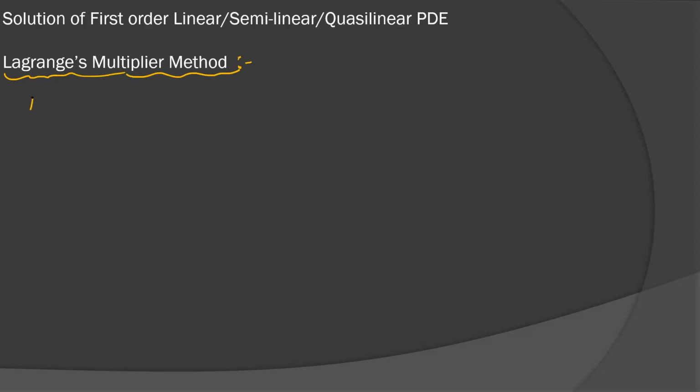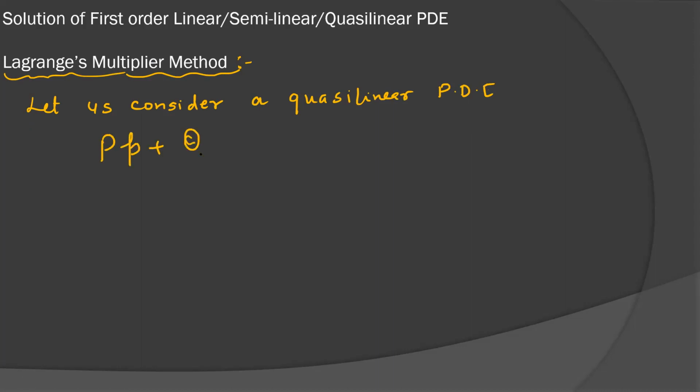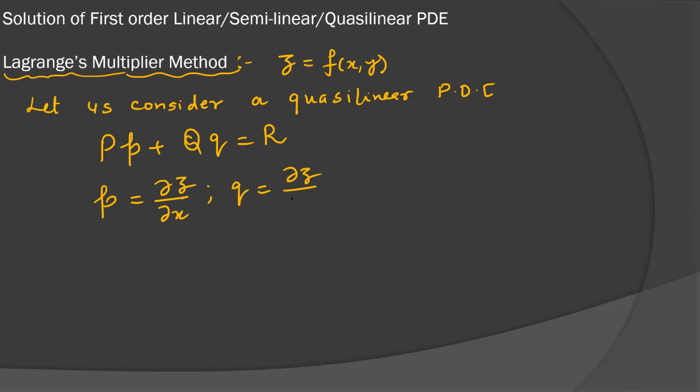So let us consider a PDE, a quasi-linear PDE, of the form P small p plus Q small q equals capital R. Where small p, I told you, if we take two variables and z is a function of x and y, then small p is del z over del x and small q is del z over del y.